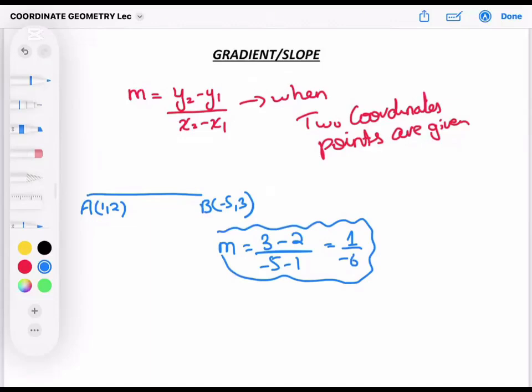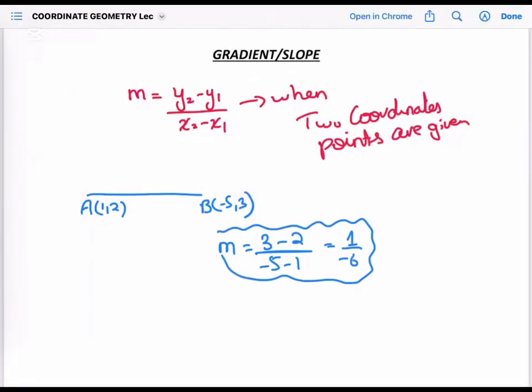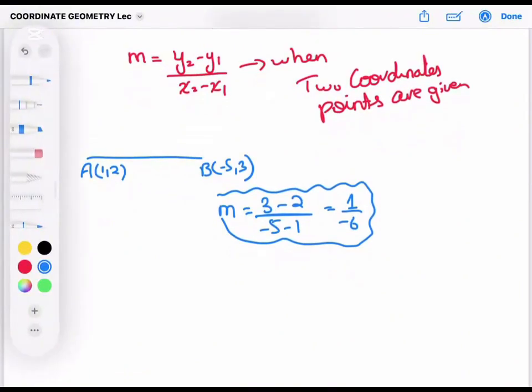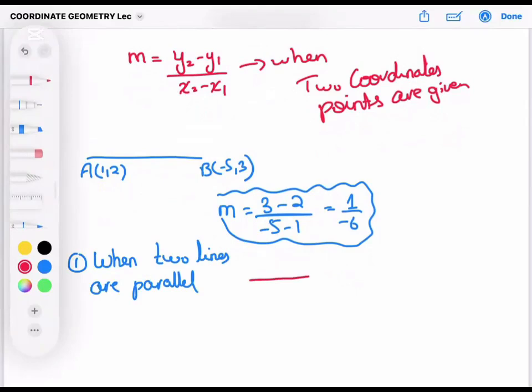In slope, we have some conditions. We need to understand some conditions of slope. The condition number one is when two lines are parallel. What are parallel lines? Basically, lines moving toward the same direction but never intersecting.